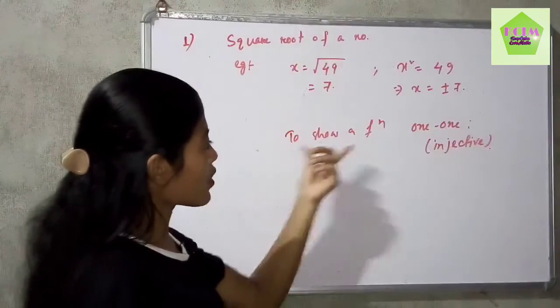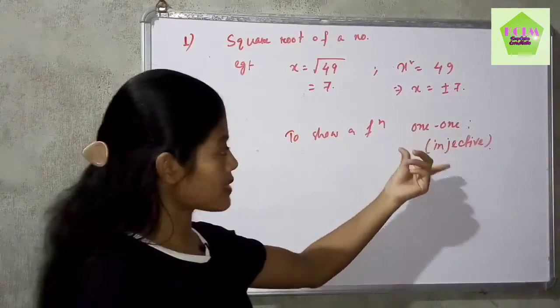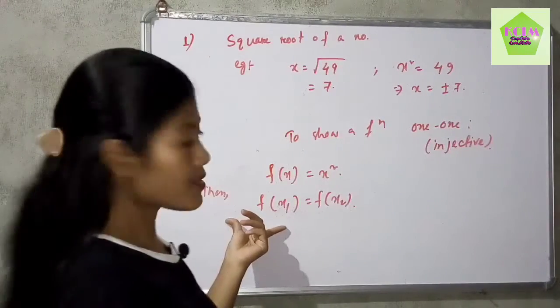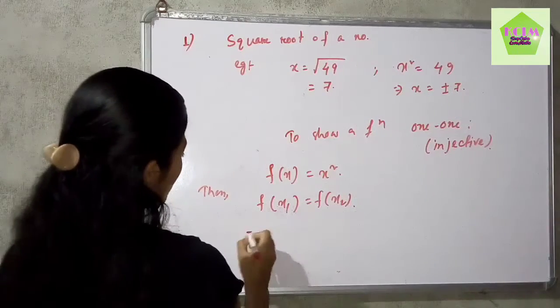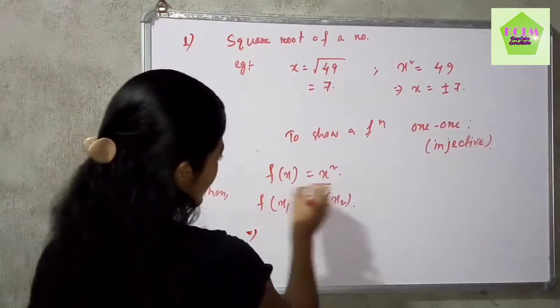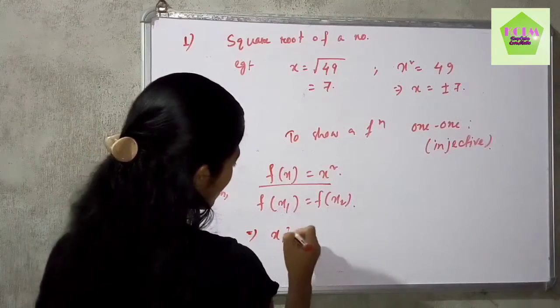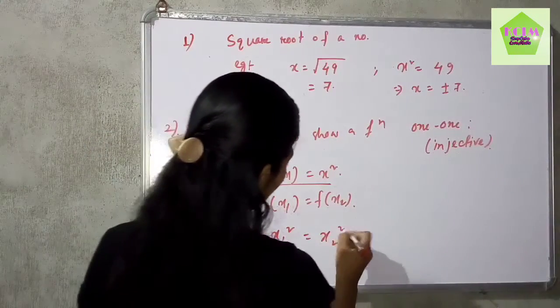Whenever we have to show a function is 1-1, that is injective, then we assume f of x1 equals f of x2. Then by definition of this function, it will be x1 square equal x2 square.